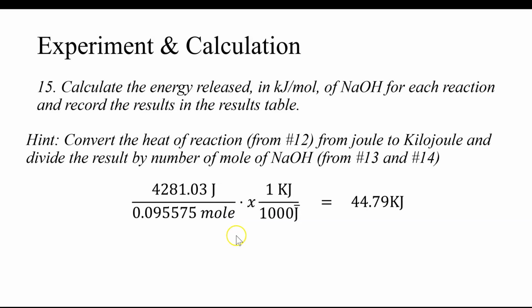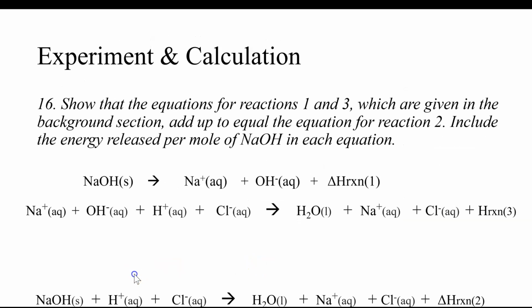For example, the heat of reaction for number 1, in my case I got 4,281.03 joule, and number of mole of sodium hydroxide is 0.095575 mole. So you convert from joule to kilojoule, and then divide it by number of mole. You get 44.79 kilojoule.